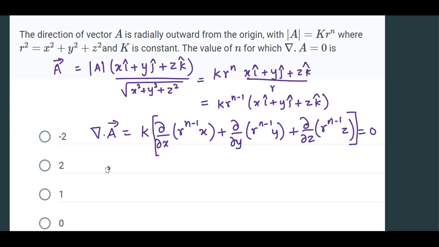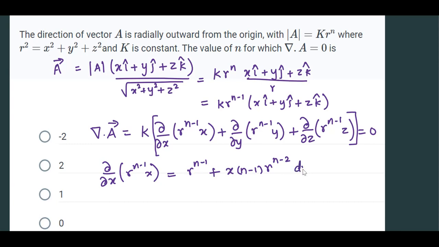Now when we differentiate, let us take ∂/∂x of r^(n-1) times x, which is r^(n-1) times the partial derivative of x, plus x times (n-1) times r^(n-2) times the partial derivative of r with respect to x.